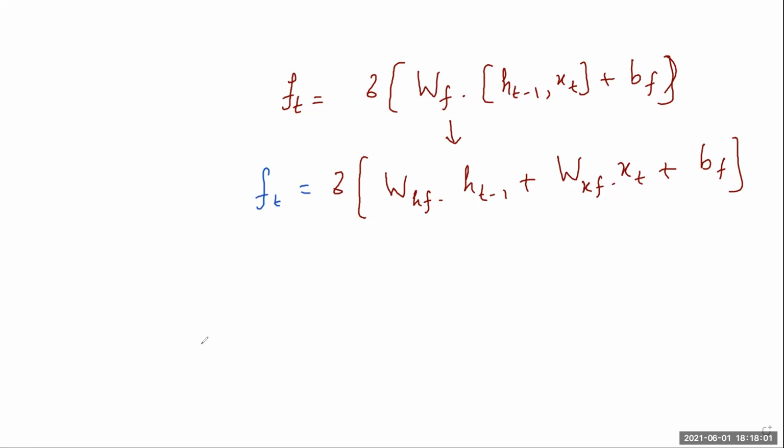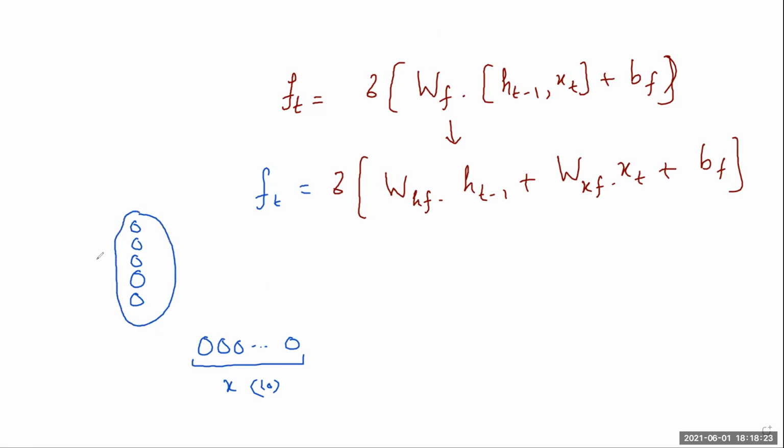Now we are saying that my x is actually 10-dimensional. So this is my x, which has 10 values, meaning these are 10 neurons. And then your hidden layer has, let's assume, 5 neurons: 1 2 3 4 5. So we just draw it like this, h_{t-1}, which is actually these 5 values.